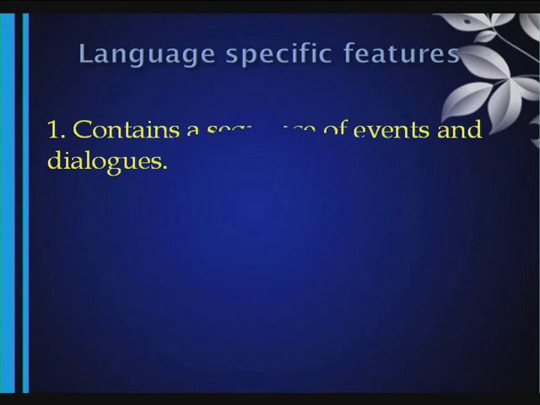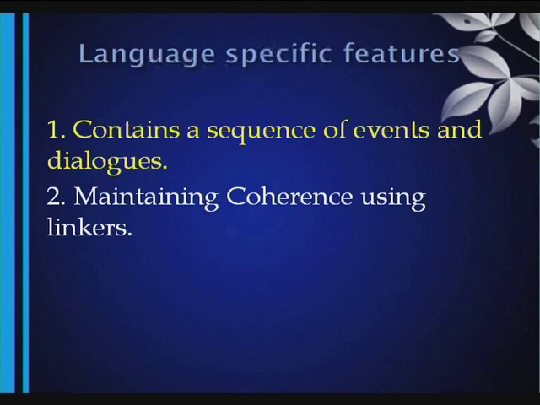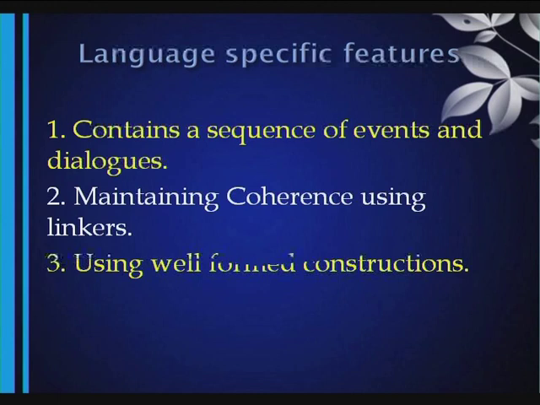Language specific features. 1. Contains a sequence of events and dialogues. When you are writing a description, you need to write the events and the dialogues in a sequence. 2. Maintaining coherence using linkers. Children, when you write the events in a sequence, make sure that you link them using the linkers. 3.